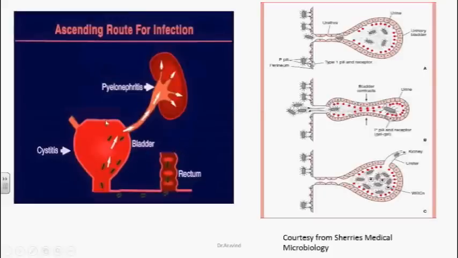In this left side diagram, this is the urinary bladder, and this is the ureter, and the ureter is connected with the kidney here. And behind this, in the lower end, this is the perineal area, and this is the rectum. Normally these organisms are seen in the GI tract, and from the GI tract they can attach to the perineal areas.